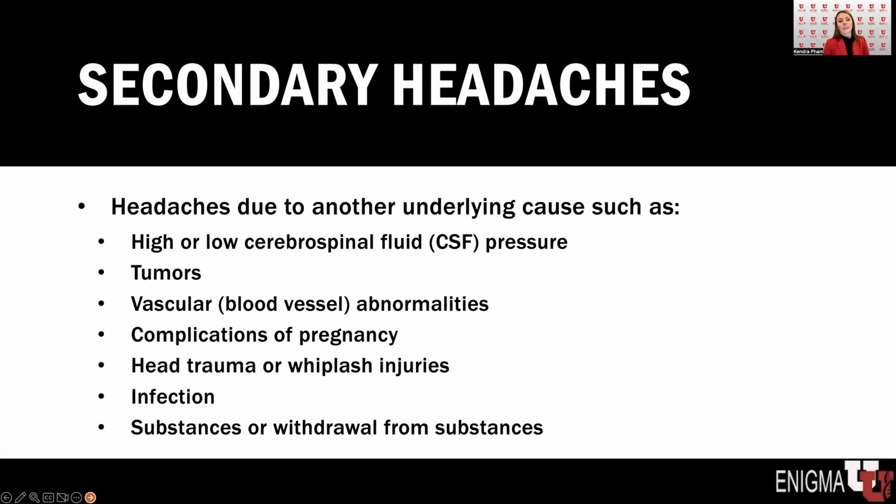So then there's the secondary headaches. These are headaches due to another underlying cause, such as high or low cerebral spinal fluid pressure, tumors, vascular or blood vessel abnormalities, complications of pregnancy, head trauma or whiplash injuries, infection, substances, or withdrawal from substances.